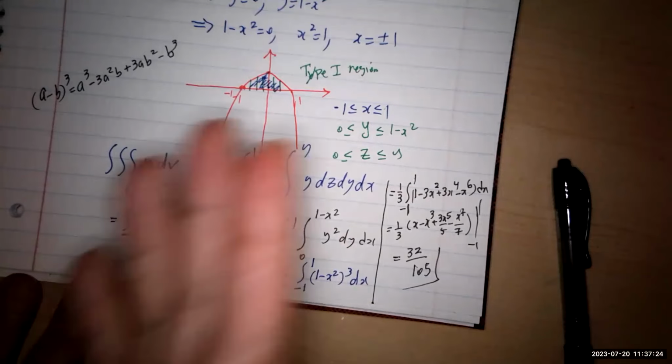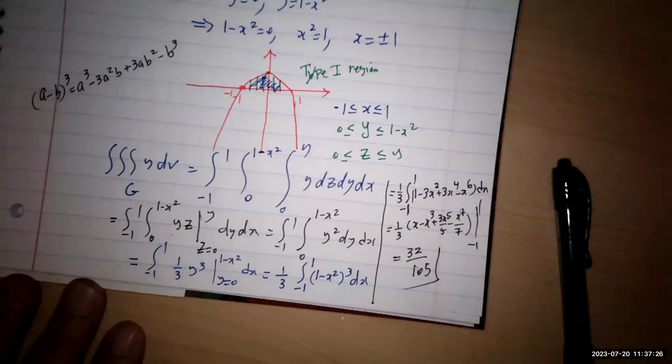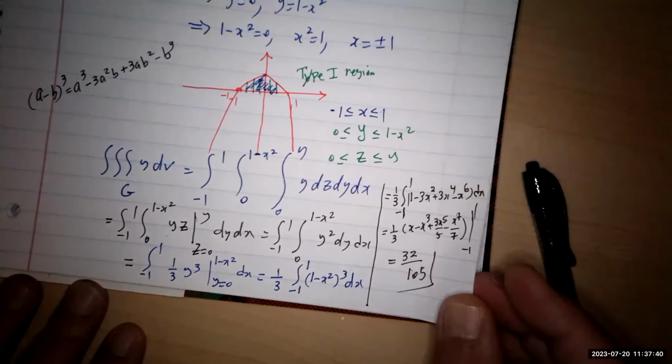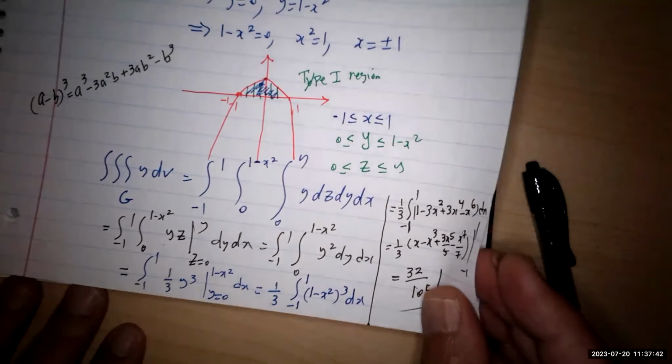The other one is where you have to set up the region yourself. That would be two problems on this, a triple integral. Then you get one with cylindrical, one with spherical, and one change of variable. That would be all the 5 or 6 questions. Okay, let's go on. That's number 3. Any question?